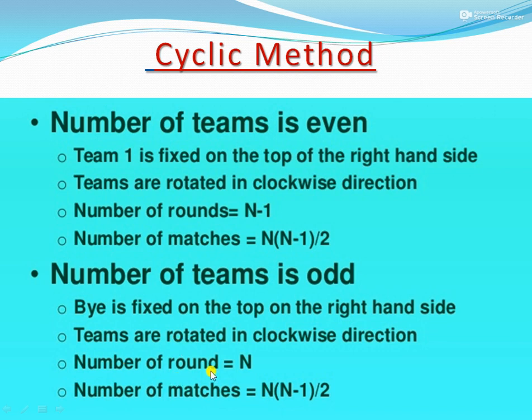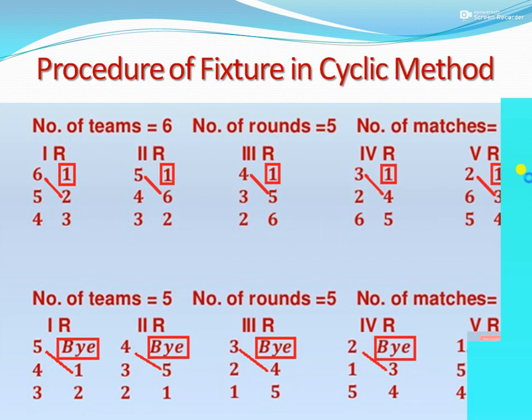The number of rounds will be n, the same as the number of teams. In even numbers it is n minus 1, and in odd numbers only n. Whatever the number of teams, that will be the number of rounds also. Number of matches will be n into n minus 1 upon 2. We are talking about the single league tournament.